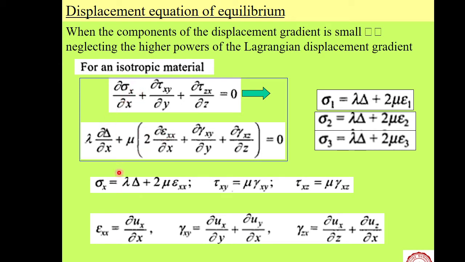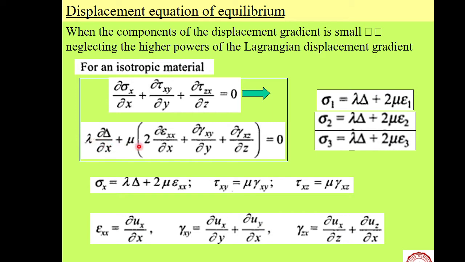If sigma x is substituted here, sigma x is lambda into delta plus twice mu epsilon xx. So here we have a twice mu, and del x of this epsilon xx. Another term is del x of this delta, lambda being a constant. So this is what we are getting.